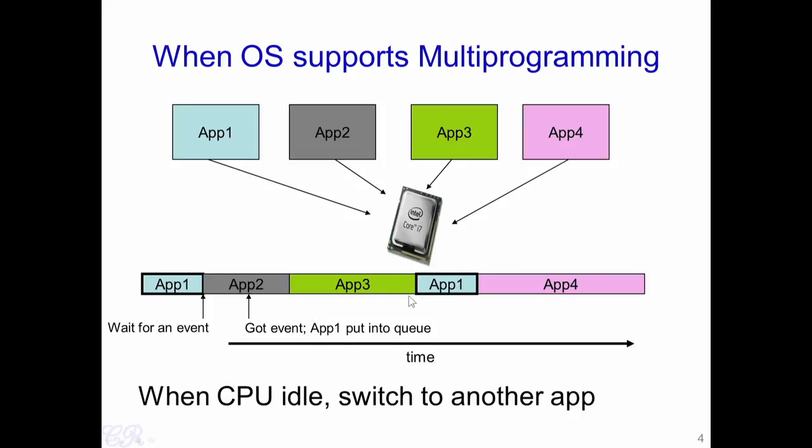At a later point in time, application 1 will again be given the CPU and will execute from where it had stopped. Essentially, it had stopped during the processing of the scanf, and it will continue from there.